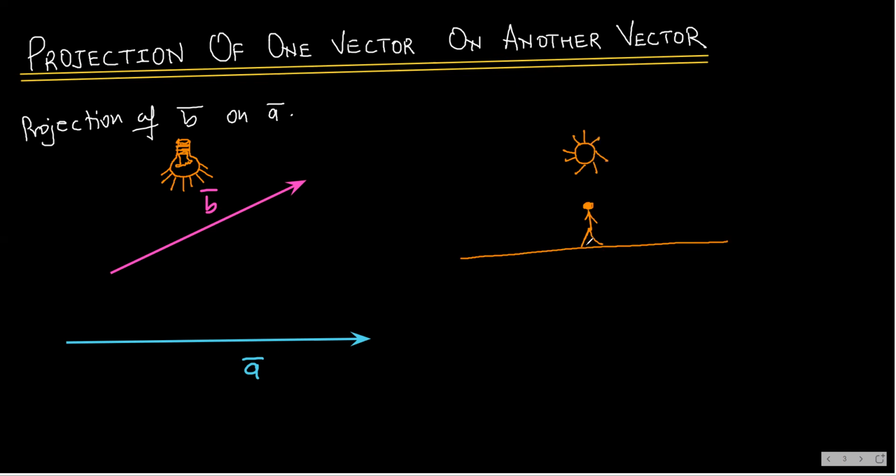You will see your shadow just underneath your feet. In case the sun happens to be here, then you will see your shadow this big. Your shadow will be this big.